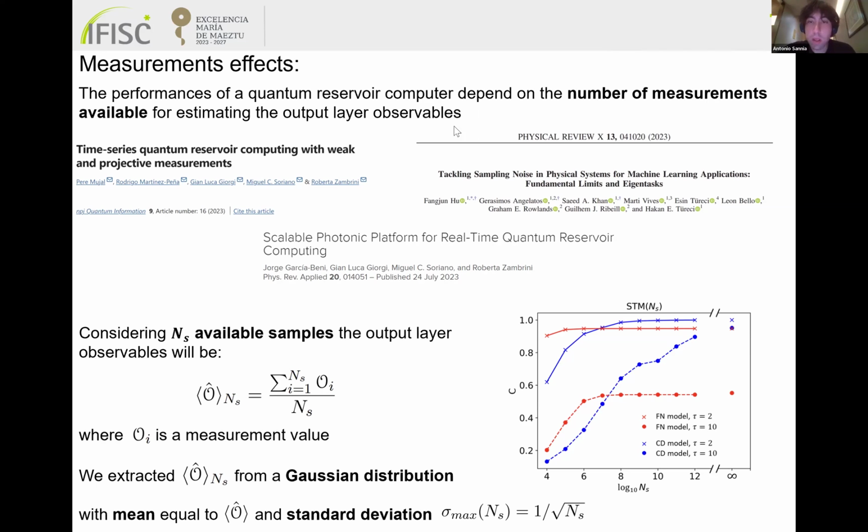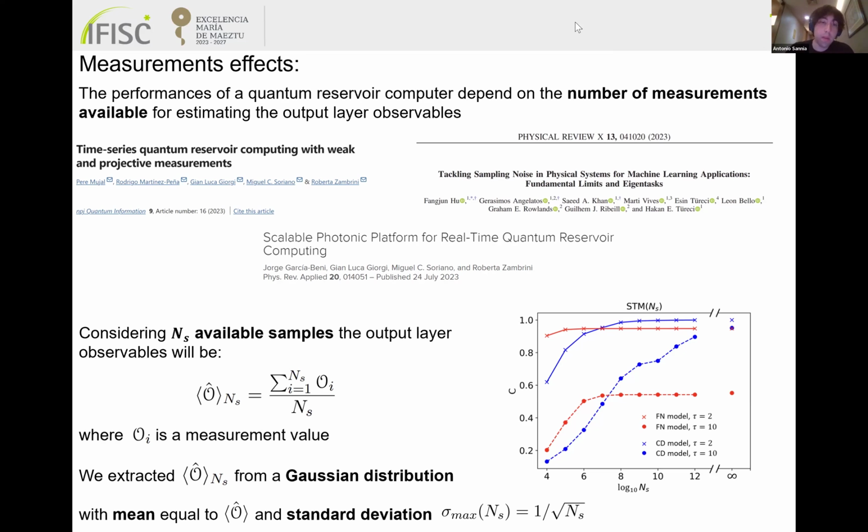And the work that I'm showing now is like studying these problems. We also wanted to see what happens if we apply this shot noise effect in our case for our comparison.